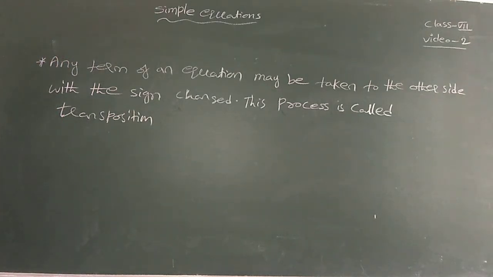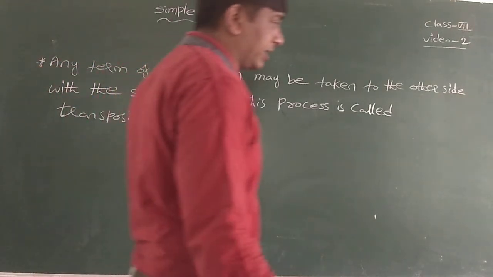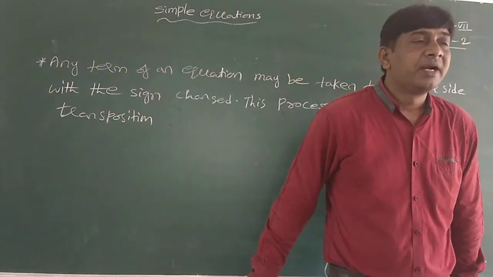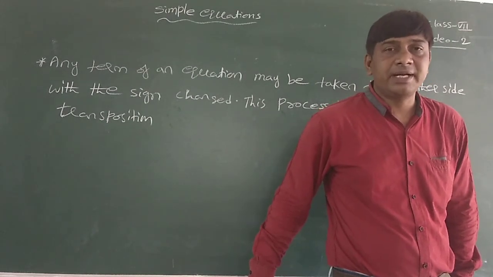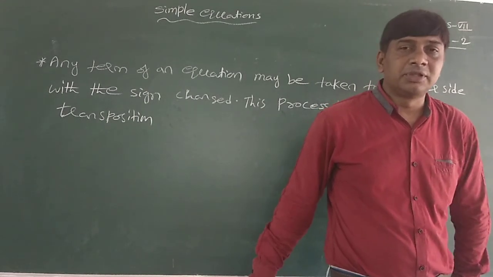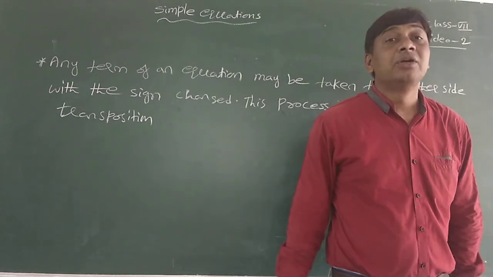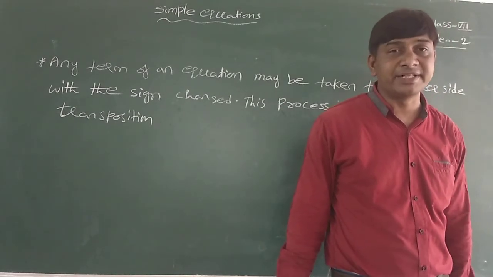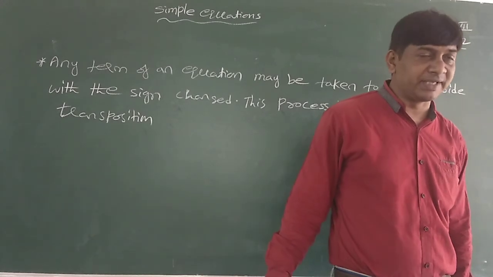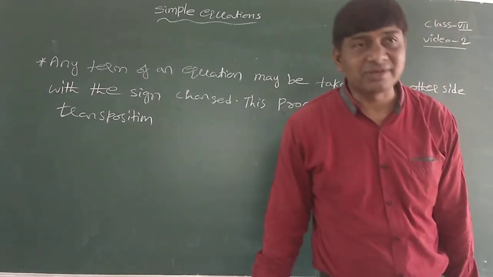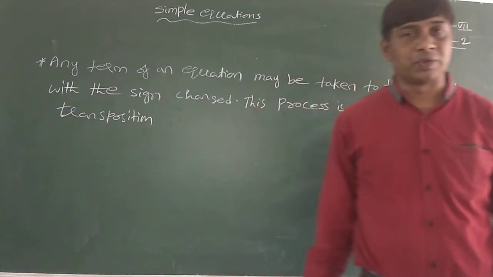This process is called transposition. Is it clear? So why do we use transposition? To solve any linear equation, simple equation, we use the transposition method. So while solving the problems, we use this one.